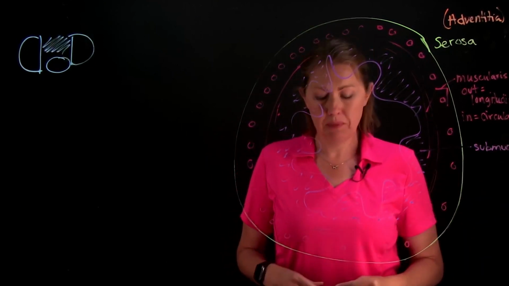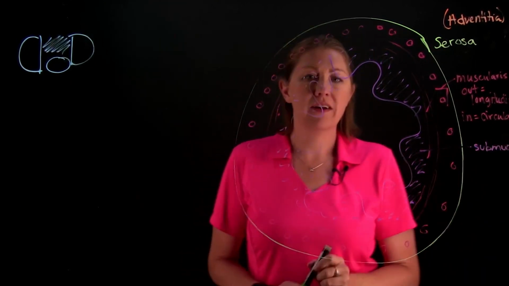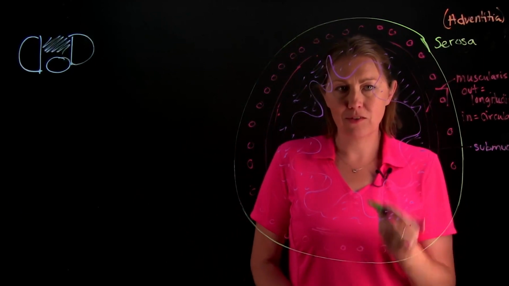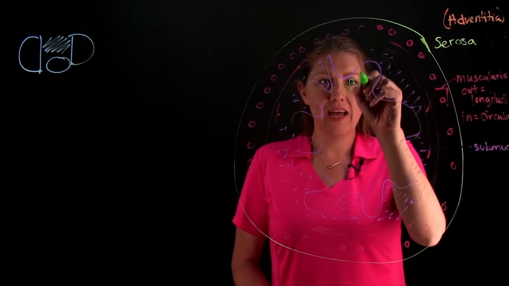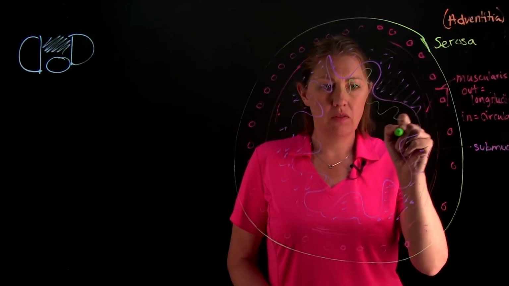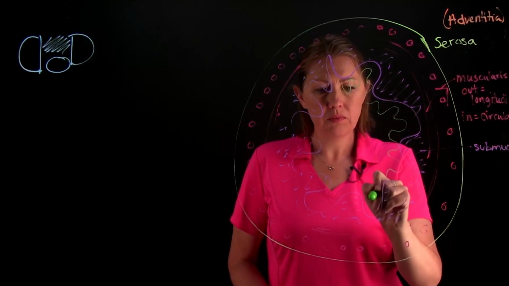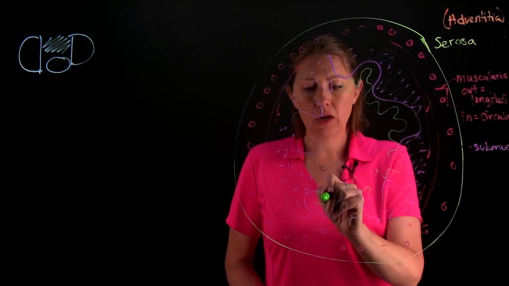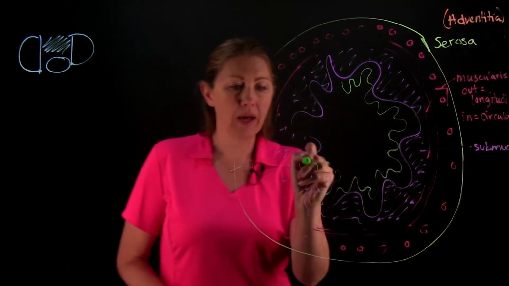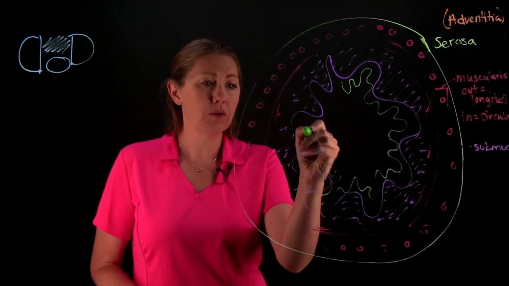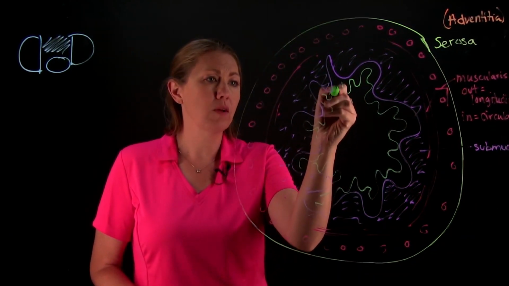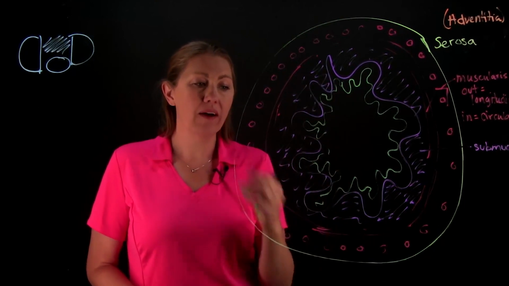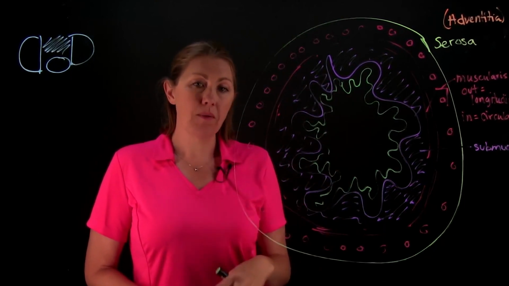So submucosa because it's underneath the mucosa. So no surprise here, the next layer is going to be the mucosa. And again, it gets folds. And so the mucosa is going to have folds on it. We're going to call it the mucosa because this is the layer that will have the mucus cells. This is the layer that will produce that mucus and secrete it into that small intestine. It will also have simple columnar epithelium.